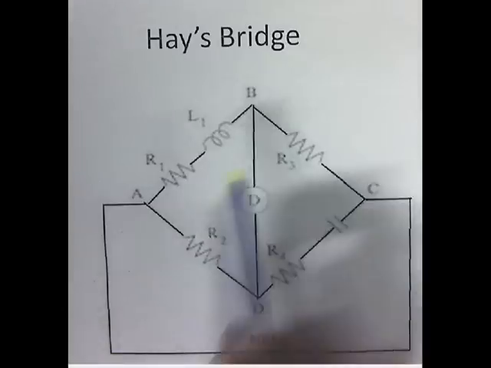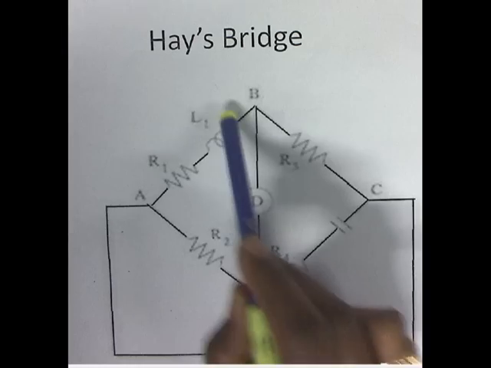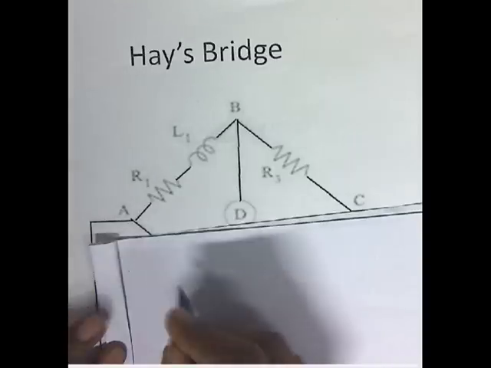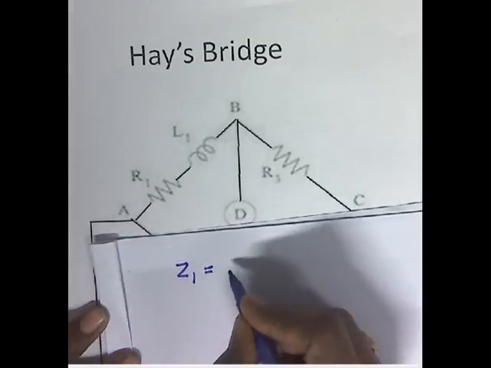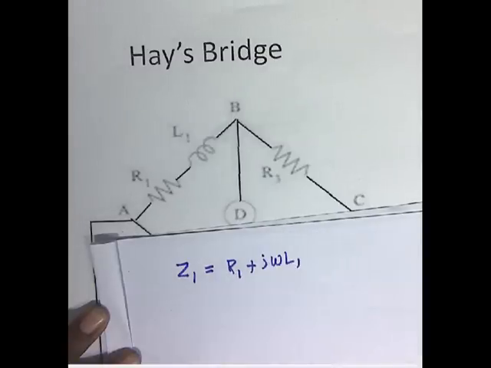In the Hay bridge, the impedance of this arm is Z1. Z1 is equal to R1 plus j omega L1.